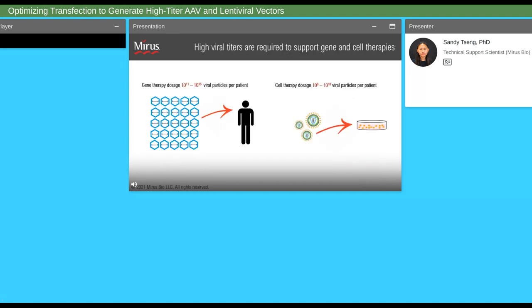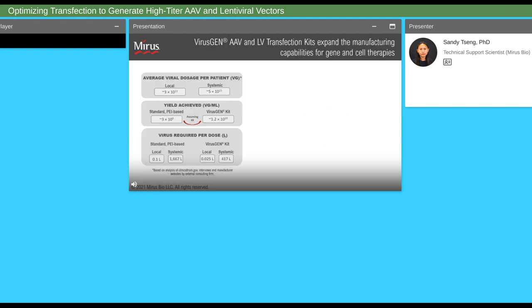So going back to this image to remind you why you would even want to eke out more and more virus through transfection optimization. Clearly, quite a lot of virus needs to be produced in order to support gene and cell therapies today and in the future. So we can estimate the amount of virus that is going to be required per dose.